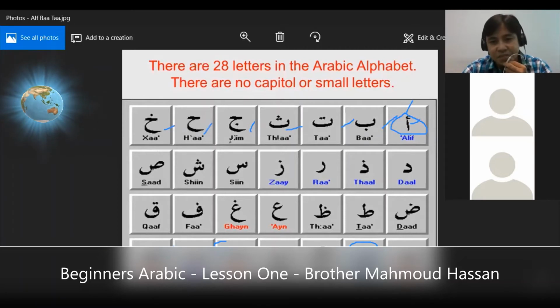If I say to you, can you write for me the letter sin, then even without looking at your copy, you can write the letter sin. In this part, you can see the transliteration under each of the letters, alif, ba, ta, until ya, you can see here.